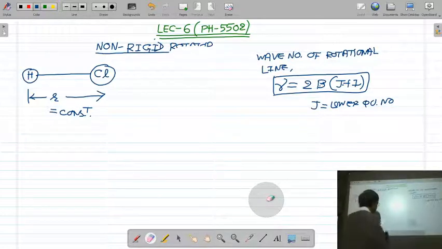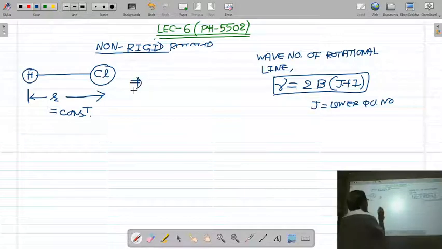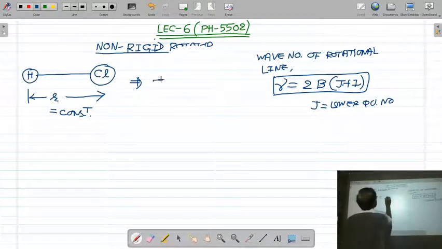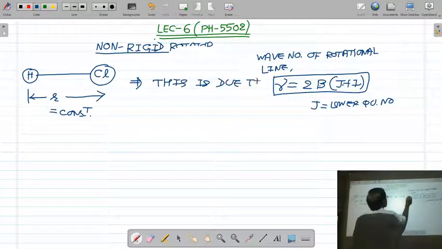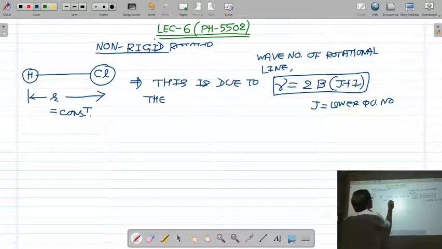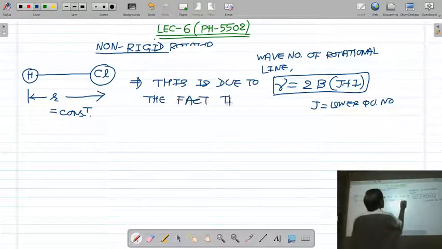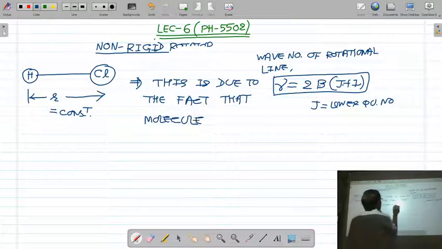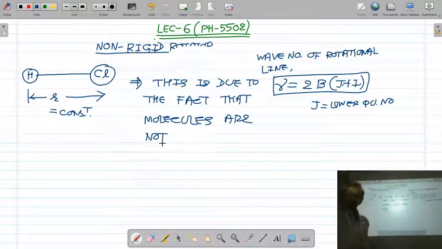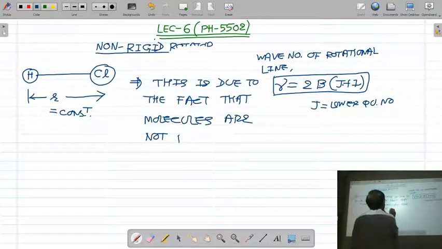Now why does this happen? Why are the rotational lines not exactly equidistant? Why does the spacing between rotational lines decrease with increasing value of J? This is due to the fact that molecules are not perfectly rigid.